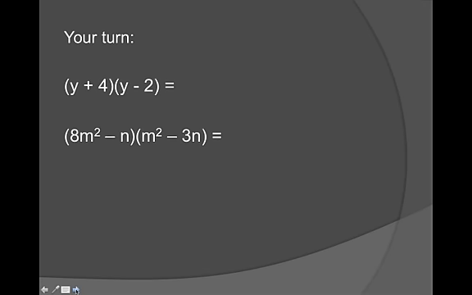Okay, so I'm going to let you try with the distributive property and pause your video and check back for the answers. Okay, so notice that I put this m squared n, and here when I multiplied I put n m squared. M squared and n, it doesn't actually matter which one came first.